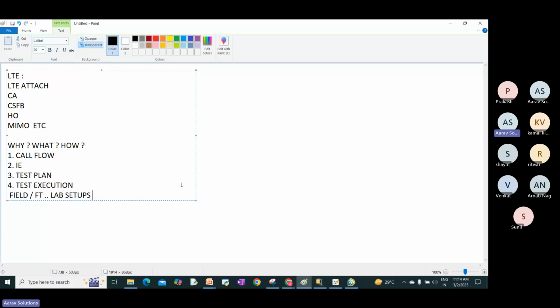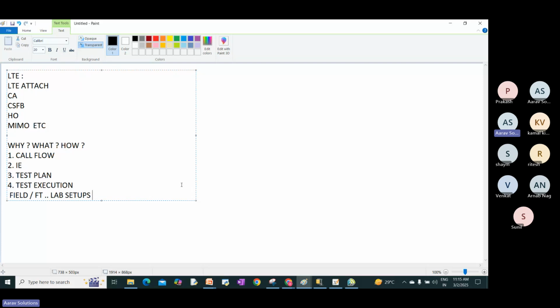Maybe tomorrow when you join a company and get an opportunity to work on some features, this strategy will help you reduce that concept into multiple parts, and you can ramp up quickly based on the strategy we are following for each and every feature.